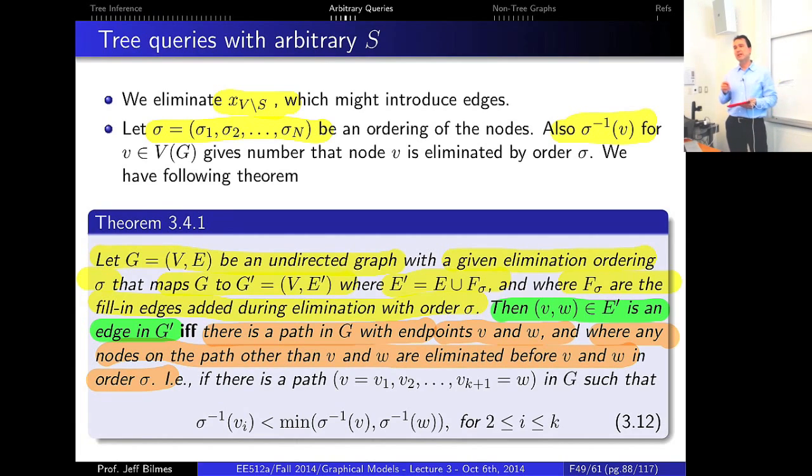Okay, so it basically means that if we eliminate the nodes in the order sigma, the nodes on the path between V and W are eliminated first before we get to V and W. In other words, a mathematical way of saying it is the following.